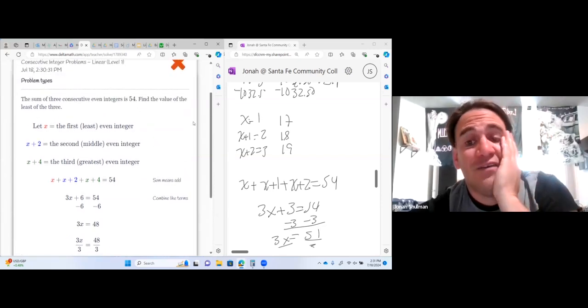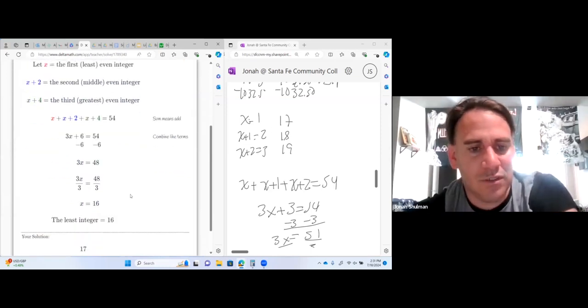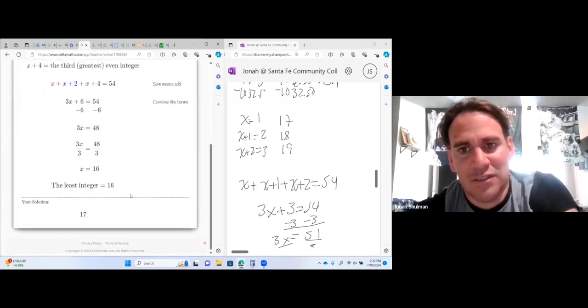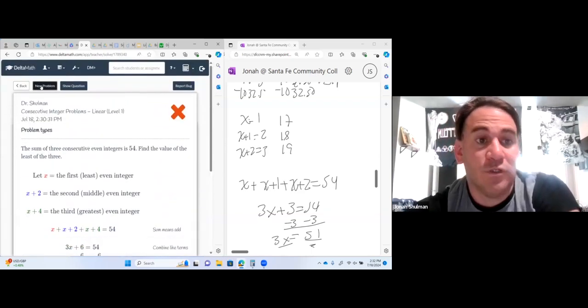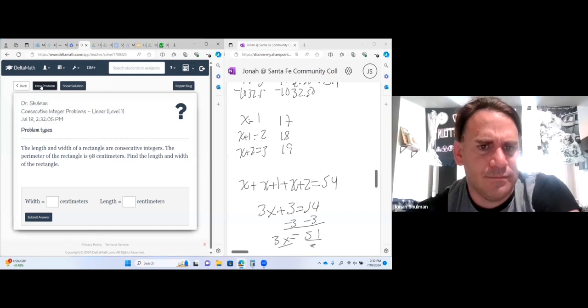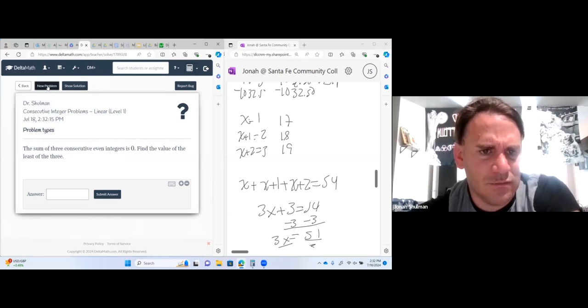I just read consecutive. Oh, so even would be three numbers, which is 16, 18, and 20, instead of 17, 18, and 19. We're doing a new problem. Let's do another one, that one's too easy. Okay. Do they have another one with evens and odds?